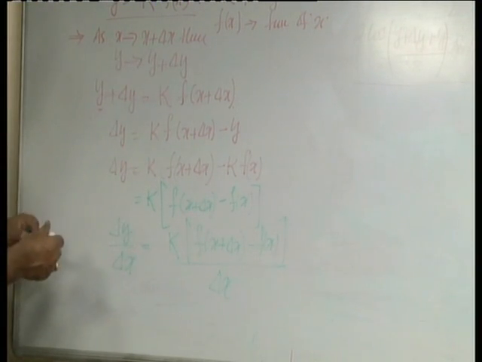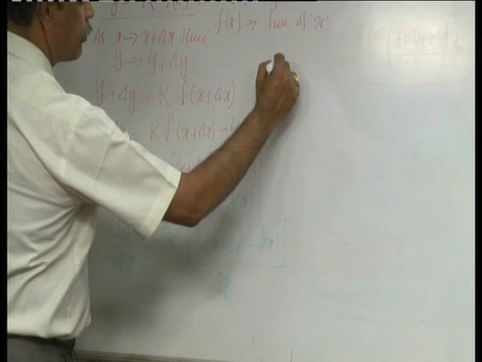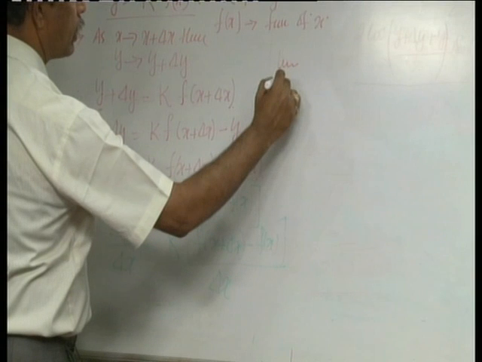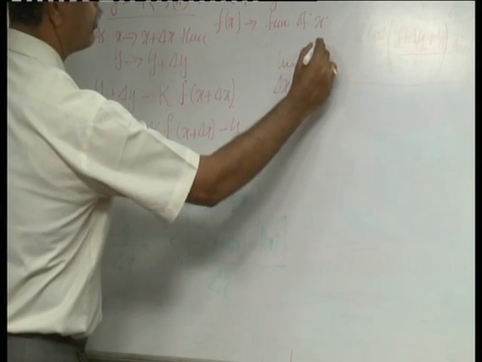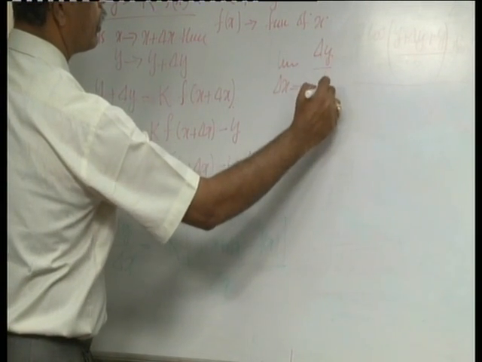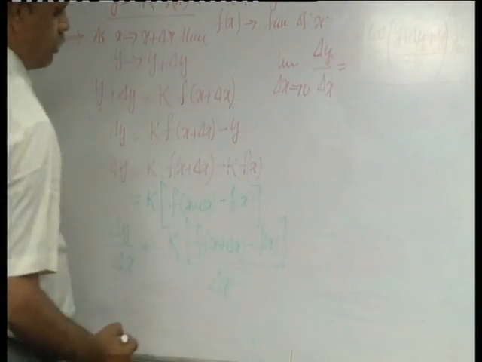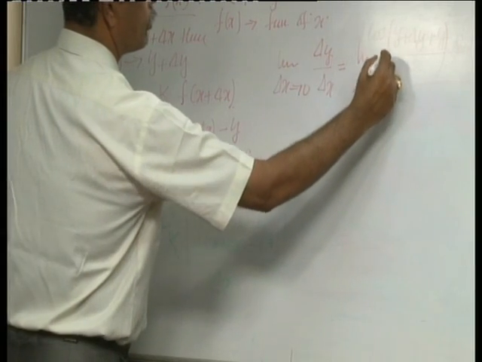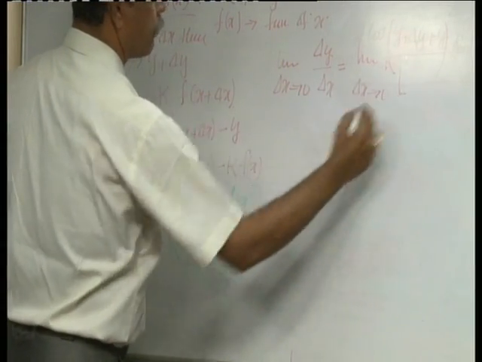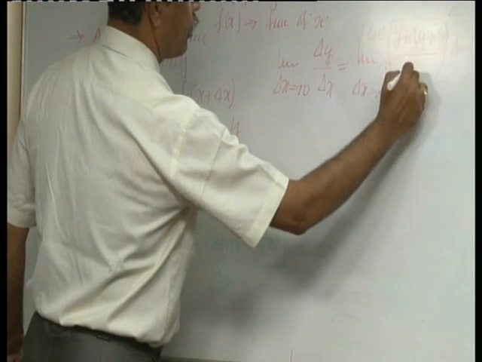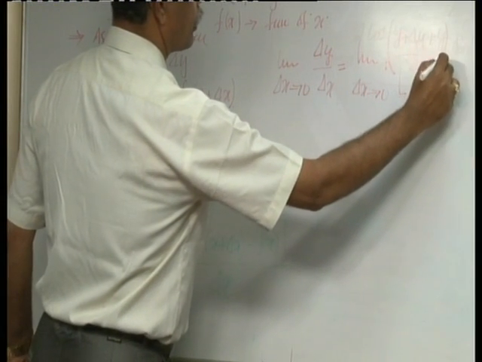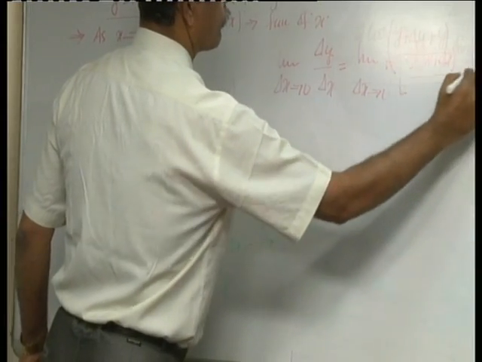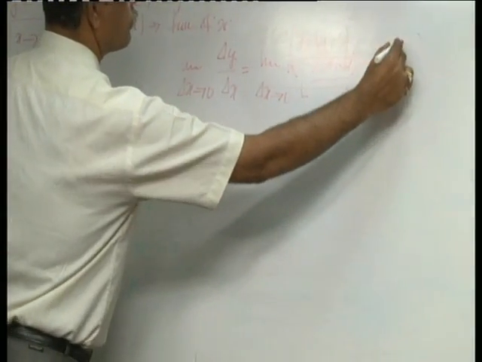Then you take the limit on both sides as delta x tends to 0. Limit as delta x tends to 0 of delta y divided by delta x is equal to limit as delta x tends to 0 of k into f of x plus delta x minus f of x all divided by delta x.